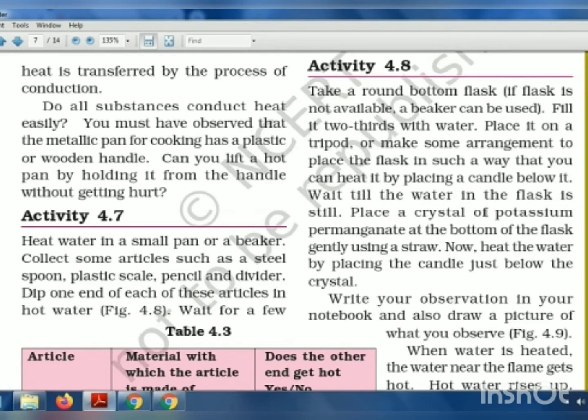Wait till the water in the flask is still, so the water should not be moving. Place a crystal of potassium permanganate at the bottom of the flask gently using a straw. Now heat the water by placing the candle just below the crystal.